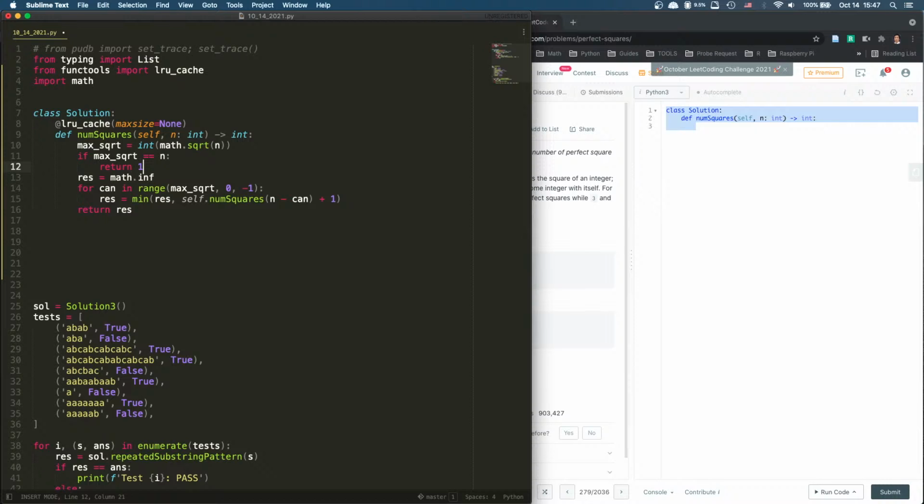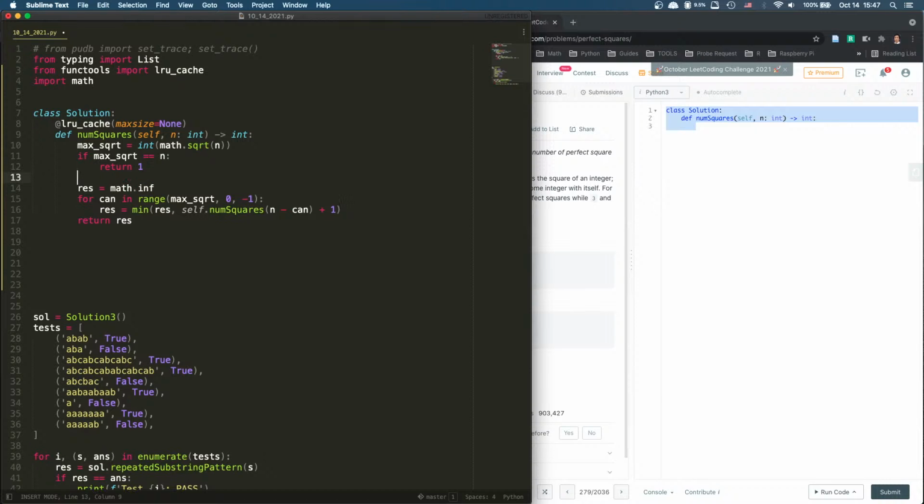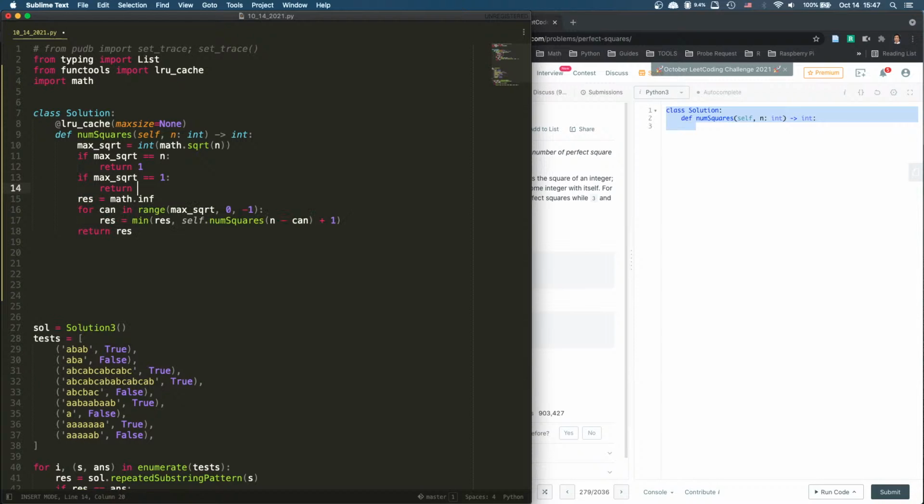So we already found it, we'll just use that and we're done. And if max square root is equal to 1, then we'll return n. Right? If the max square root is 1, like we're talking about 3, situation 3, then we just return this. Okay, otherwise res equals this, then for this.